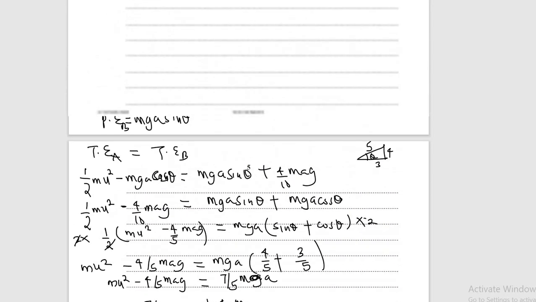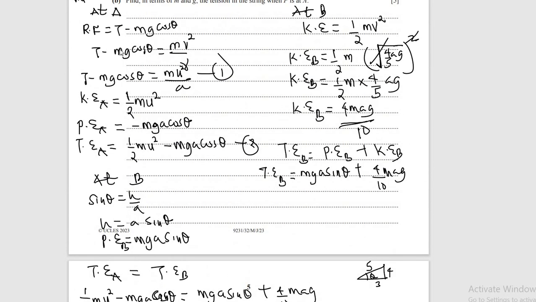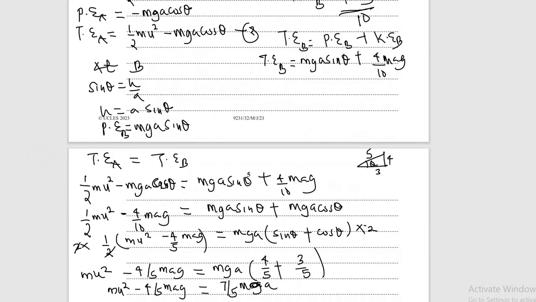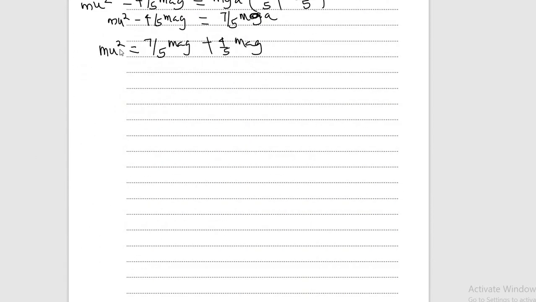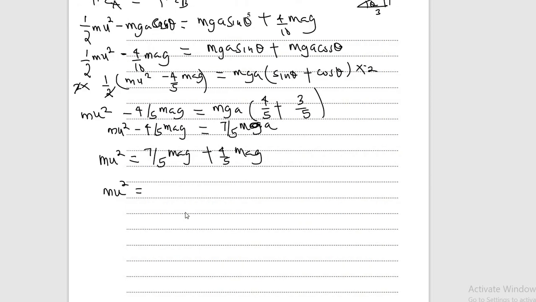I remember at A we have T minus mg cos theta, equation 1, equal to mu squared over a. So which means that at that point we have mu squared equal to 7 plus 4. What do you have at 7 plus 4? From here, oh, I've omitted 2. I've omitted 2.